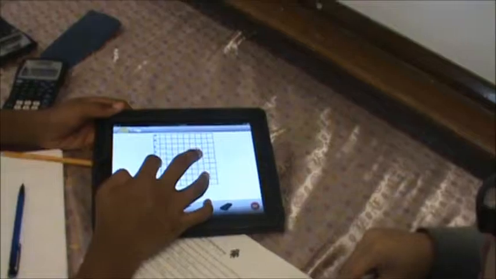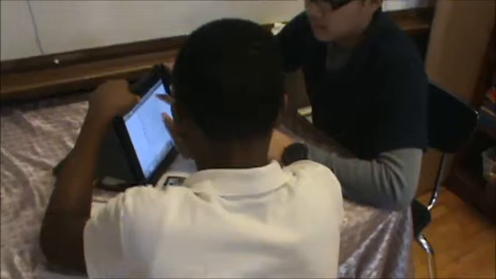So basically 8, 16, 24, 32, 40, 48, 56, 64, 72. Wait, no, you keep counting. 800. If one square equals 100, it's 800. Oh, yeah. There's 100 squares.